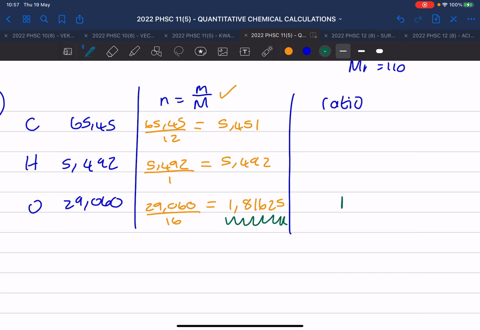You round up or down for the ratio, except if you get something, let's say you get 2.45, then it's very close to 2.5. Then you leave it at 2.5, but we haven't done an example like that just yet. But the rest you round up or you round down.